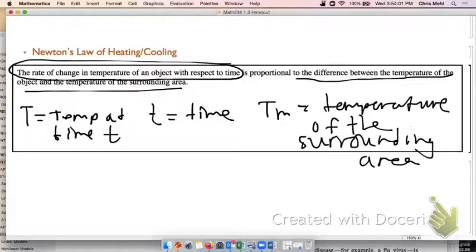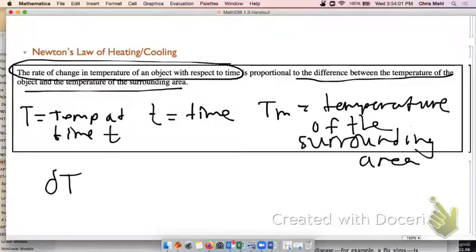So the temperature at time t is the temperature of some object. Tm is the temperature of the surrounding area. Now, capital T will be a function of lowercase t, but T sub m could be a constant function, or it could also be a function of time t as well. And those are the only three variables I need.